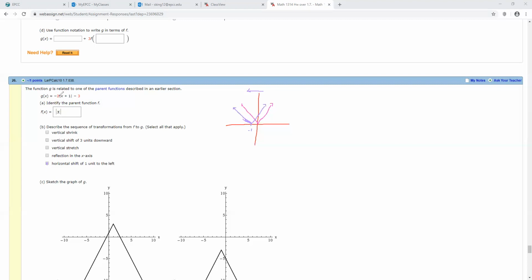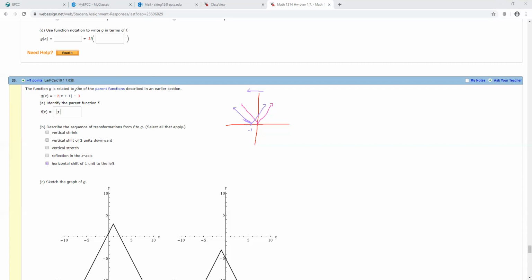Then we look for multiplication or division, and we have multiplication right here. After that, if there's any addition or subtraction left, which would have to be outside the function, we do that last. So this one's the last one. And this is an addition or subtraction, so again, this is under the category of shifting or translation.